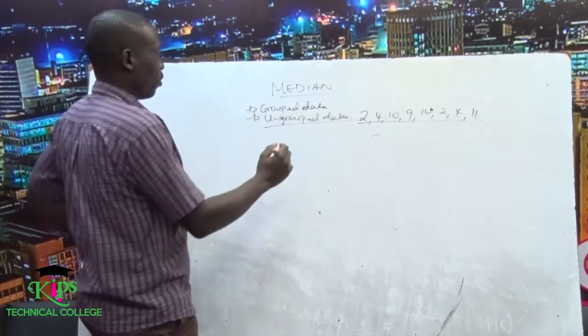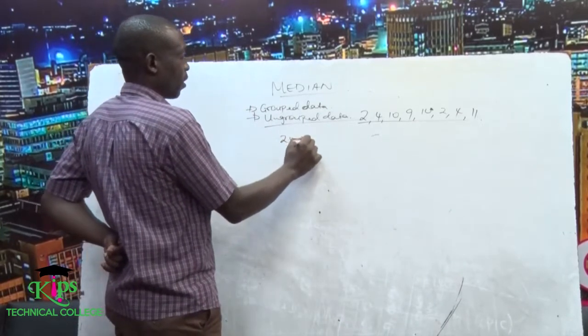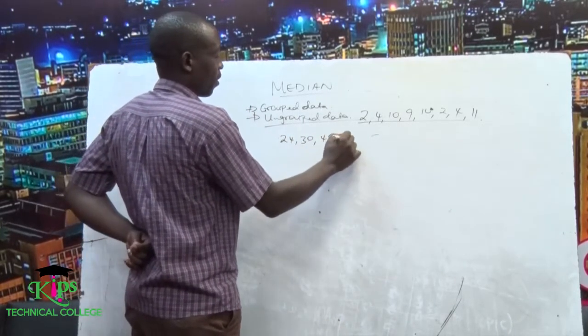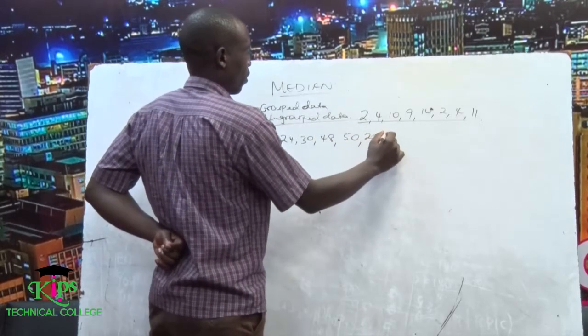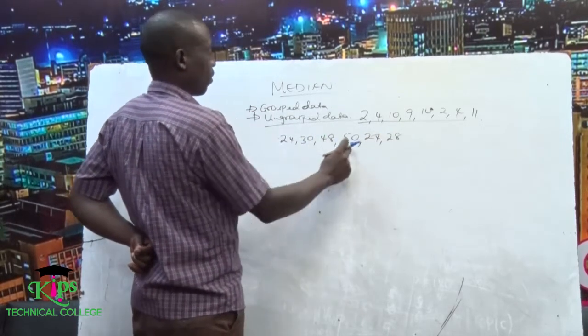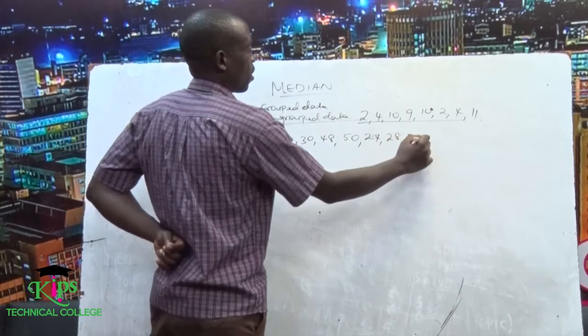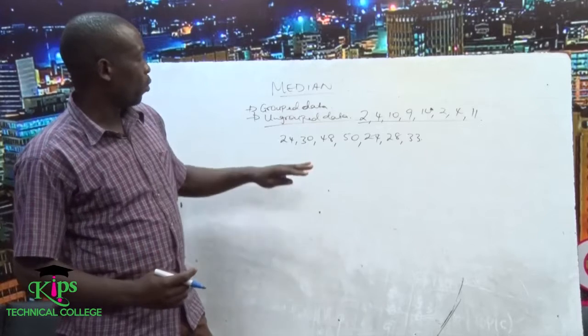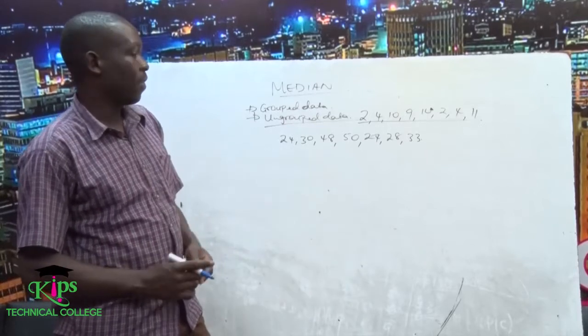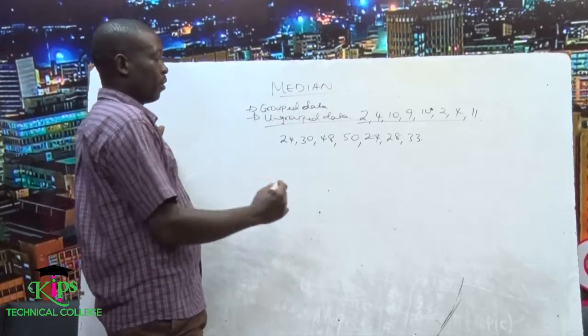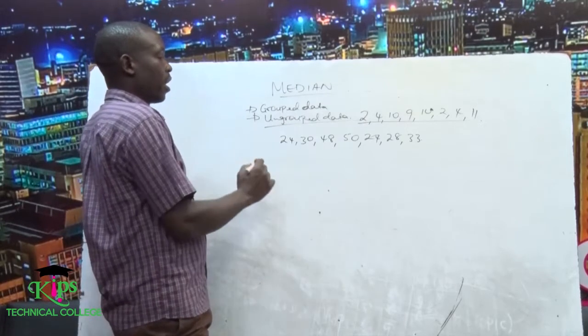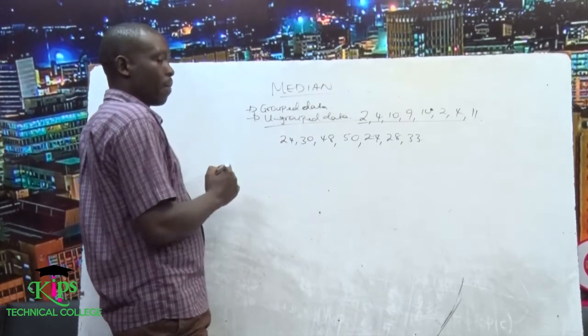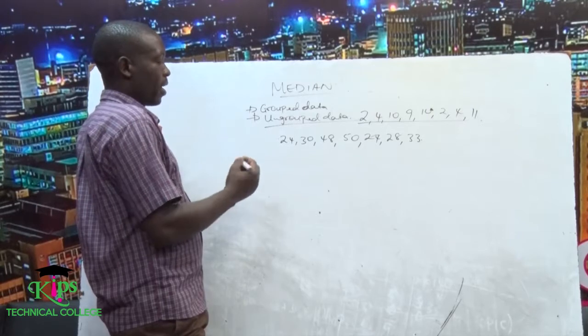Let us look at another example. You have those values, and you are told to locate the median. The first step is to arrange these values in ascending or descending order, but mostly we arrange them in ascending.